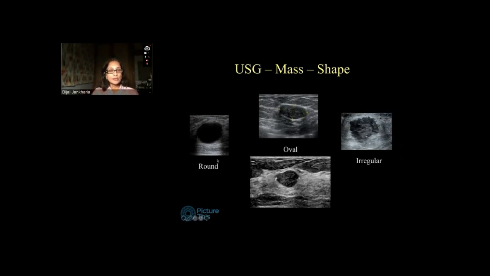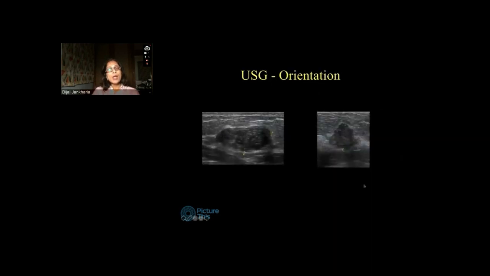So all mass shapes have to be round, oval or irregular. The next important thing is orientation. We already saw that the different layers of the breast, in a supine patient, are all in a horizontal direction, right? And usually benign lesions will follow that. If they do not respect these boundaries, then they could be malignant lesions.